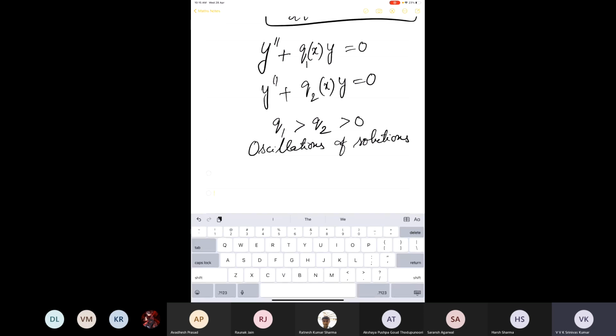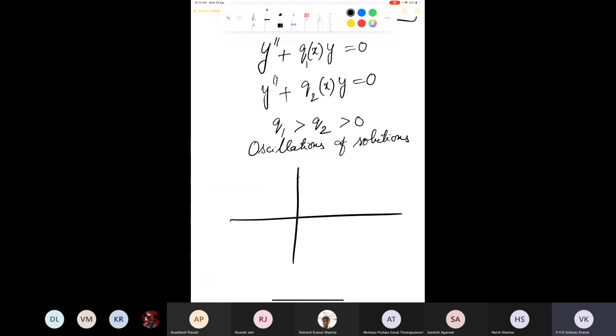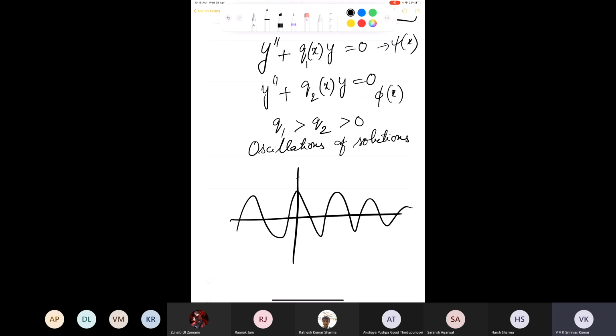What are oscillations? Oscillations are nothing but the zeros. Suppose phi of x is a solution of this, and psi of x is a solution of this. What is meant by oscillations of the solutions? It can happen that there is no oscillation, or there may be one oscillation, two oscillations, or infinitely many oscillations. Oscillations means the zeros.